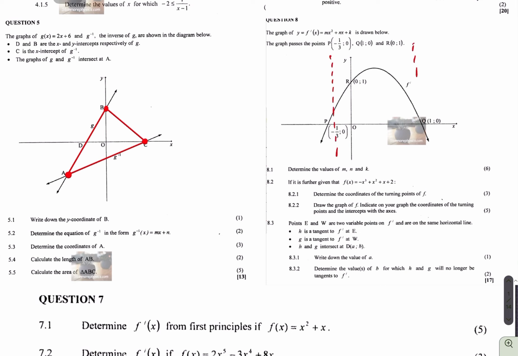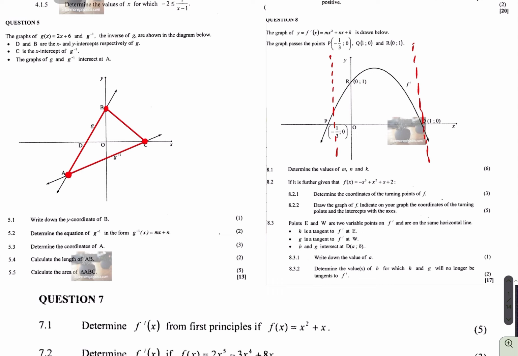It's going to have the turning points at the x-intercepts of f prime. It's going to have the turning points at x equals 1 and x equals -1/3. So A is positive primarily? No, A is negative. They are giving it to you here. A is negative. So you are going to have an ugly shape like that. But let's do it nicely.